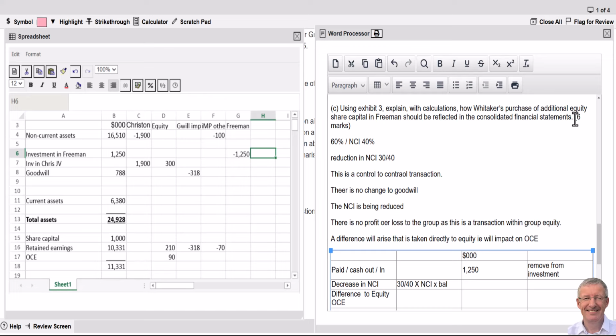Everything I've done is correct. My spelling isn't correct, but it's not a spelling test. It's clear what we're doing. It's clear what we're saying. It's fine. The NCI is being reduced by 30/40ths.